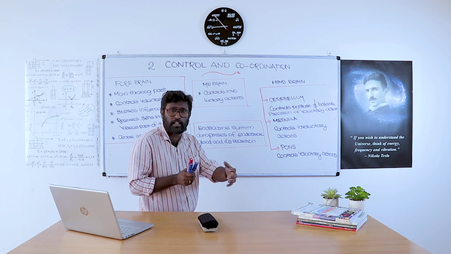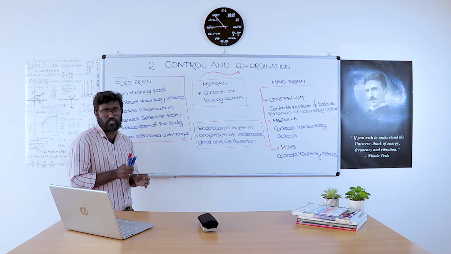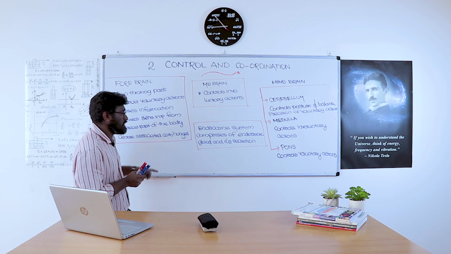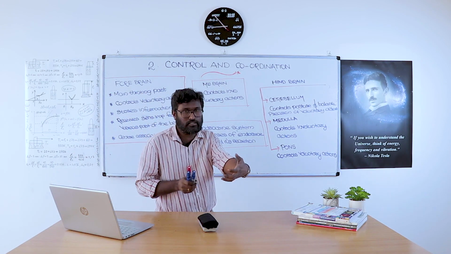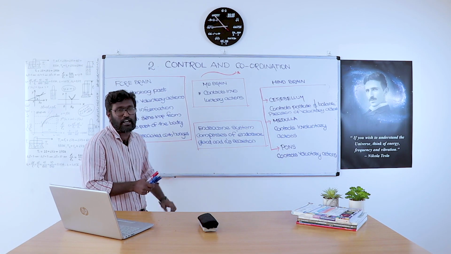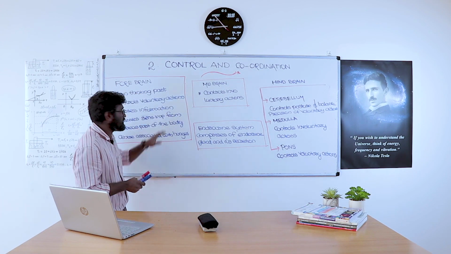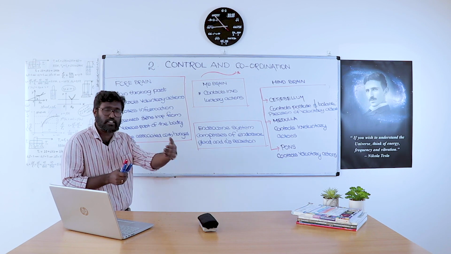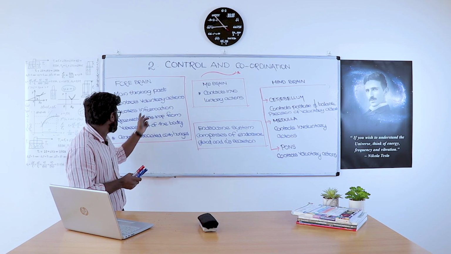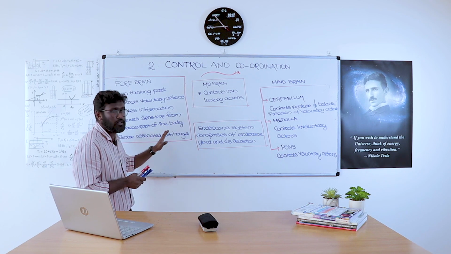The forebrain controls voluntary actions, receives sensory impulses from various parts of the body and integrates them.